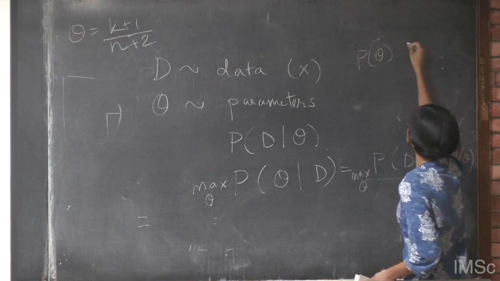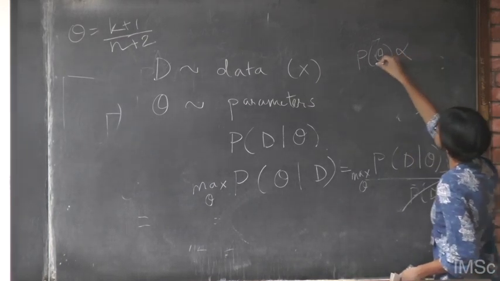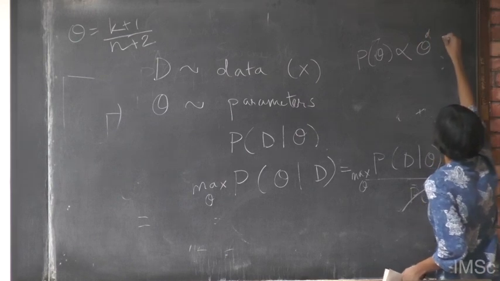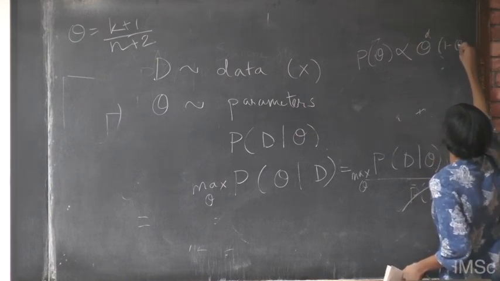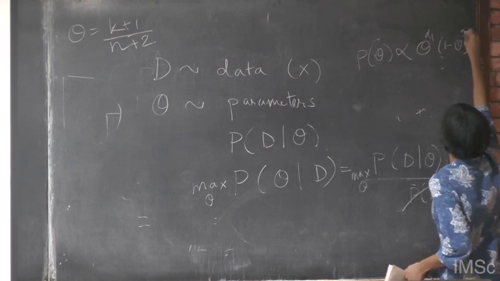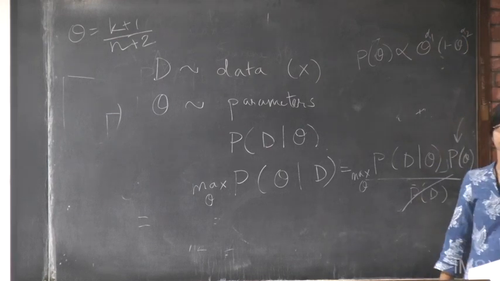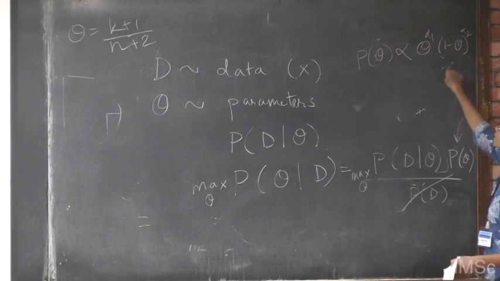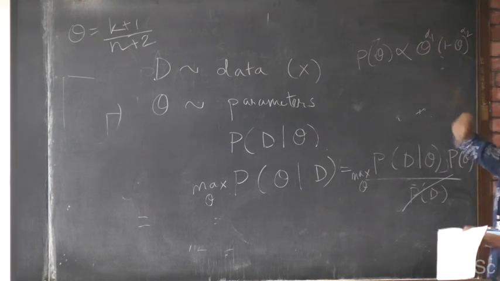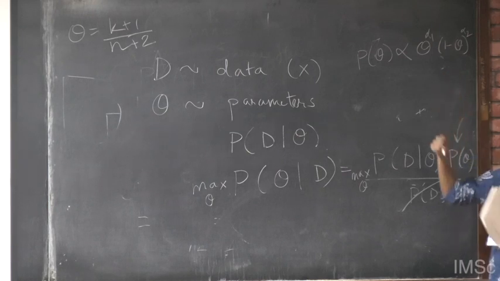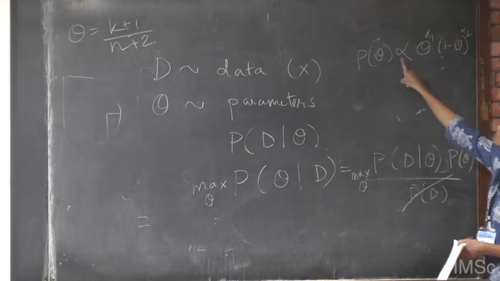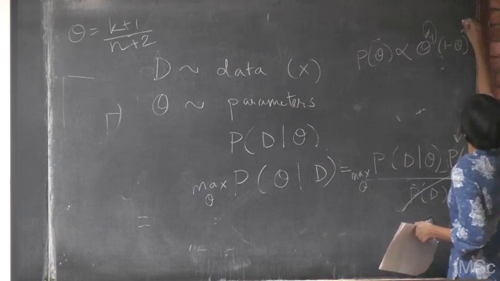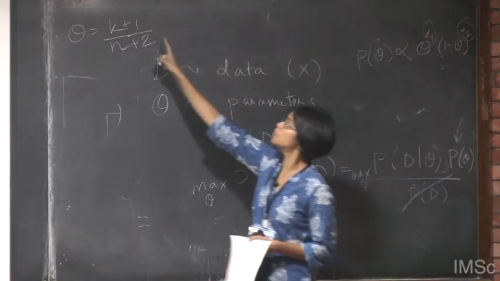So this is the beta distribution, which says that it is proportional to theta raised to alpha 1 and 1 minus theta raised to alpha 2. There's some crazy term that normalizes with some gammas and things, that's why the proportionality. These alpha 1 and alpha 2 are your hyperparameters.